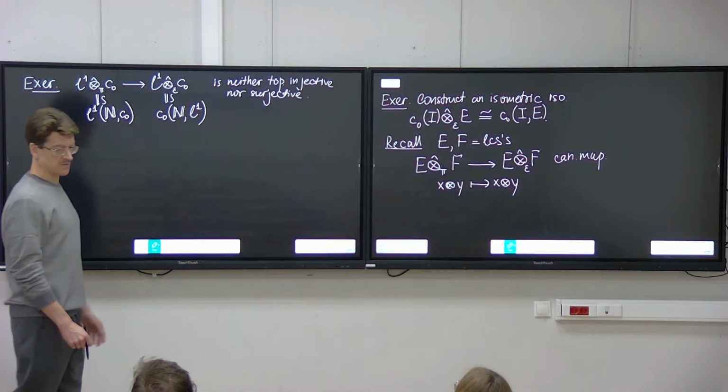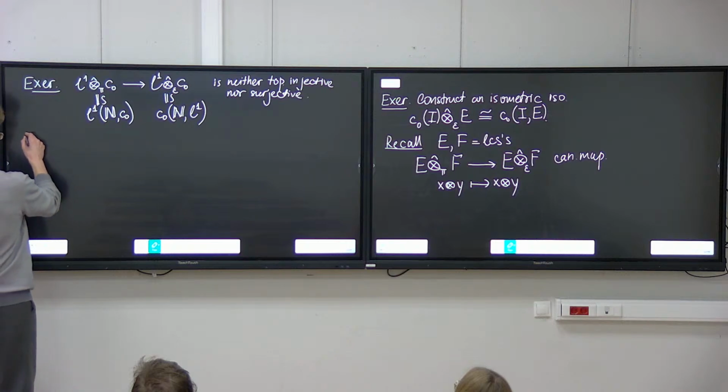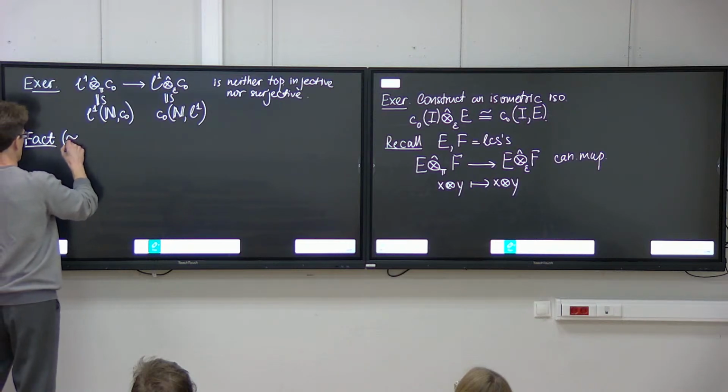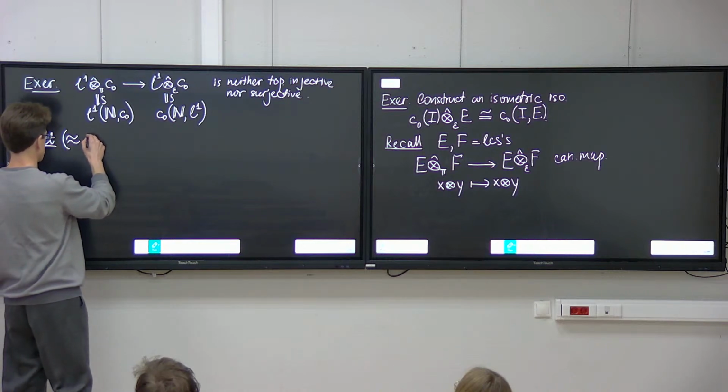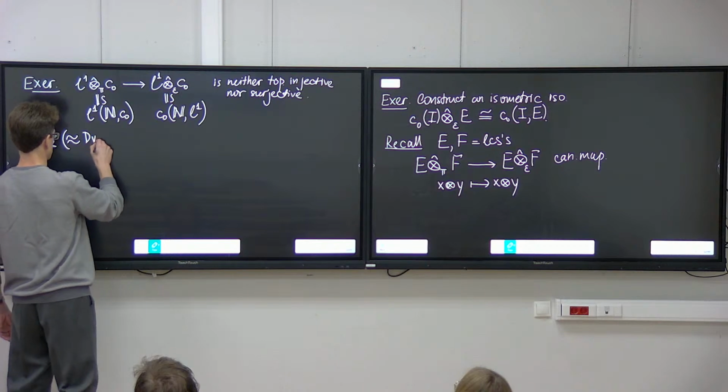But in fact, a much more general result holds. I state it without proof. This fact is more or less an equivalent restatement of the so-called Dvoretzky-Rogers theorem.